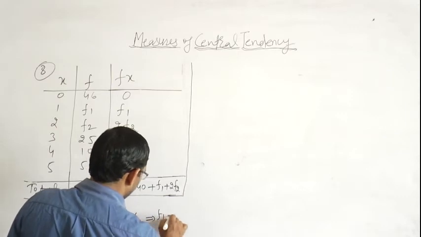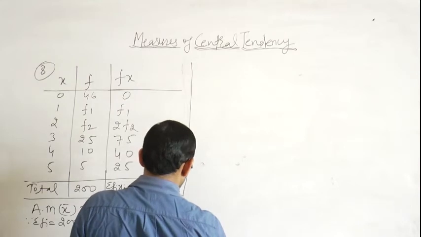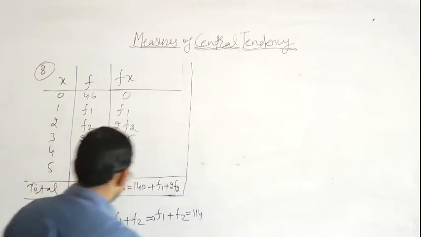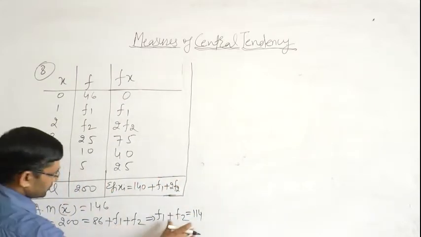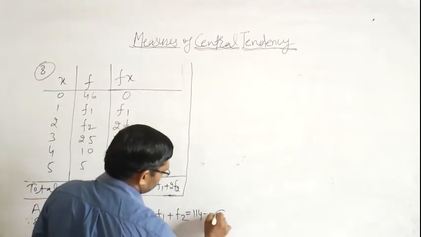After solving we get f1 plus f2 is equal to 200 minus 86, which is 114, and this is equation first: f1 plus f2 is equal to 114.